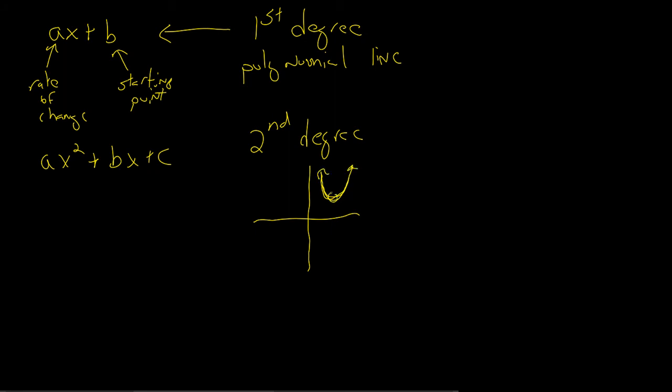And they have a very well-defined minimum, or if it's flipped up, maximum value. And so what ends up happening is about 95% of the problems that we model in mathematics, you can make into a line or a parabola, right?